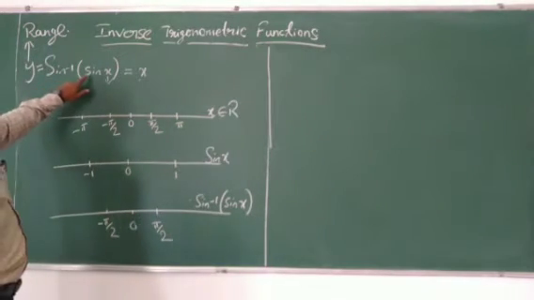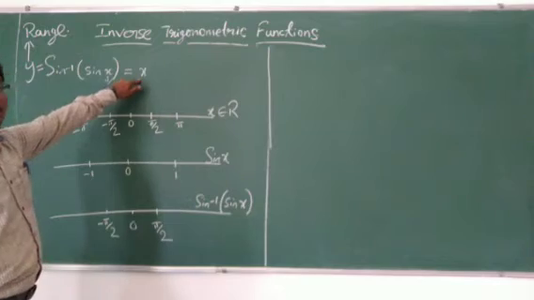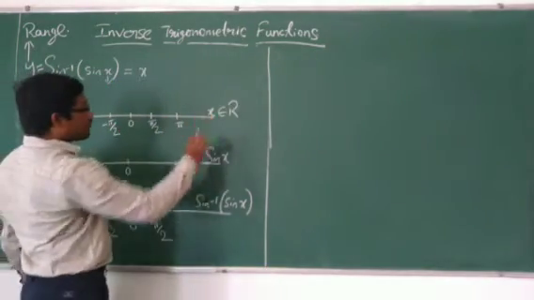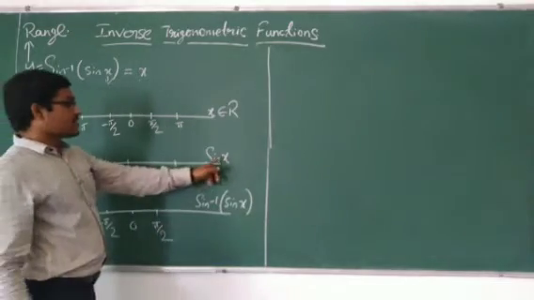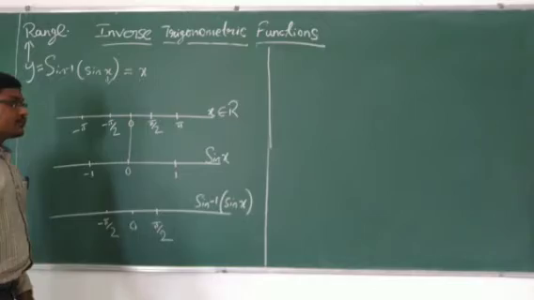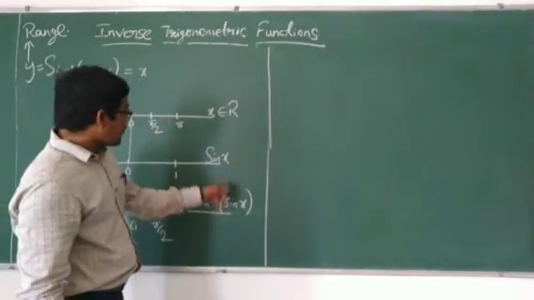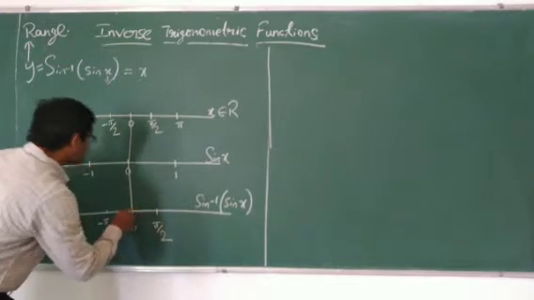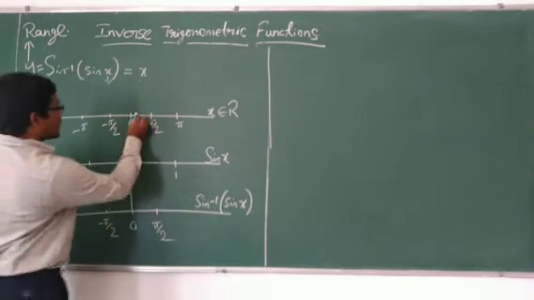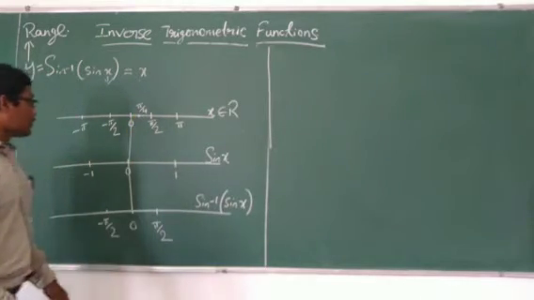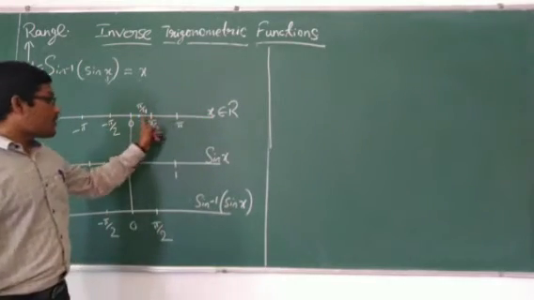Now we will study what is this condition that is satisfying. Suppose x is equal to 0. Then what is sin 0? Sin 0 is 0. Sin inverse of 0 is 0. I take one more number, x is equal to pi by 4.